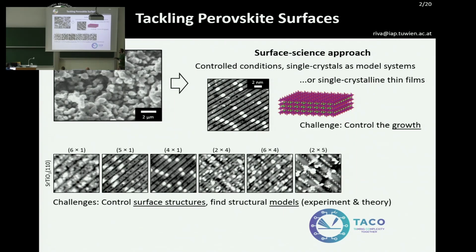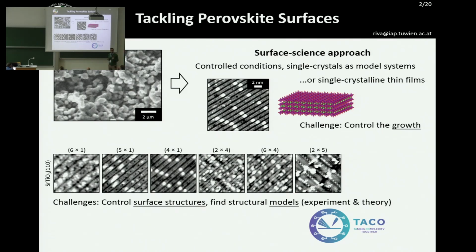So for us, we have to understand how we can control each of these surface structures, how we can pick one or the other, how we can prepare a sample with only one of these surface structures, and how having one of these surface structures impacts the properties of the material.